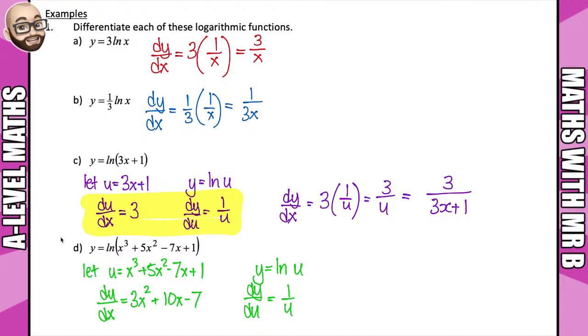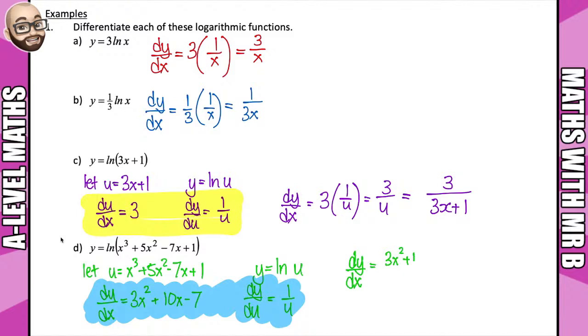Now we're going to multiply these two blue bits together and see what happens. So we get dy/dx equals 3x squared plus 10x minus 7, times that by 1 over u, so it's that function all over u, which equals 3x squared plus 10x minus 7 all over x cubed plus 5x squared minus 7x plus 1.